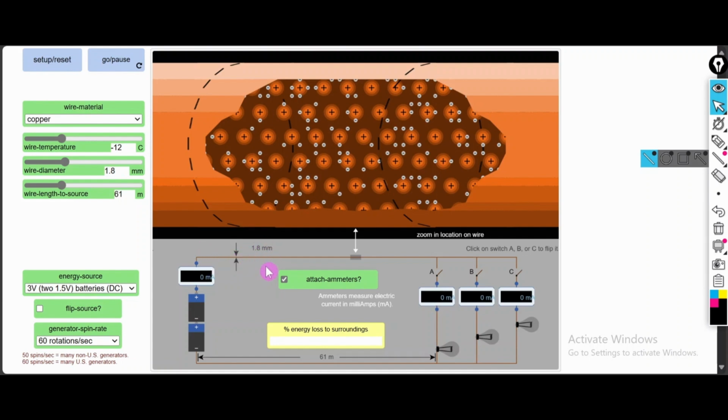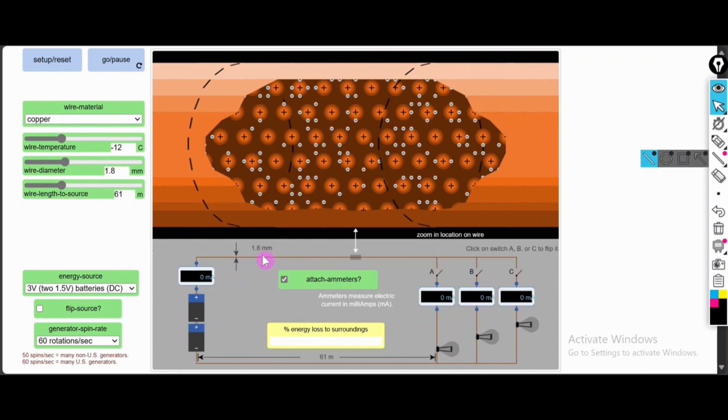Similarly, this 1.8 mm is the diameter of the wire, which determines the cross-sectional area. We will change this from the wire diameter control. By default it shows 1.8 mm. If we increase or decrease this, we will show how the resistance through this wire is a function of the wire diameter, so how it depends upon the diameter and the cross-sectional area.